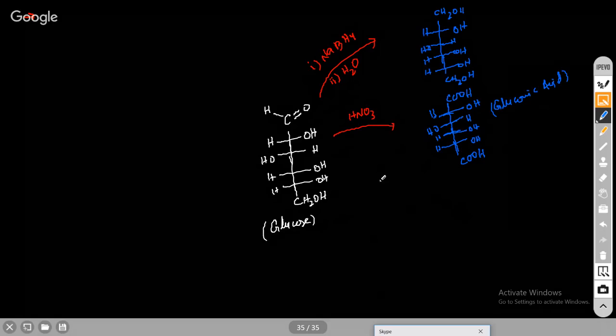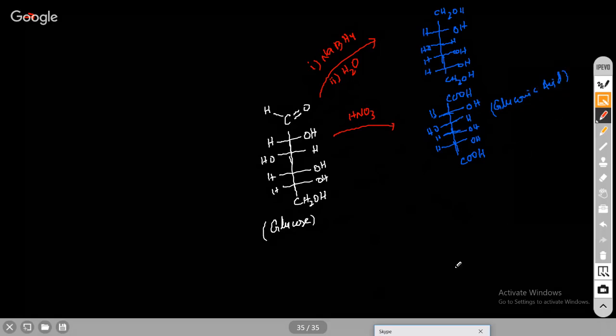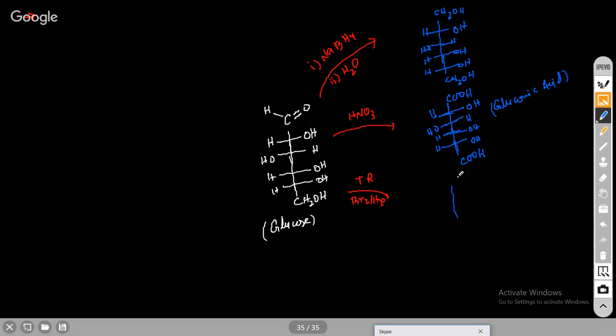Okay, now when you do the controlled oxidation of this, suppose you're taking a weak oxidizing agent, Tollens reagent, or even bromine water, Br2/H2O, then this aldehyde gets oxidized, right? And when this aldehyde gets oxidized, you will get COOH on the top, and all other things will be same.